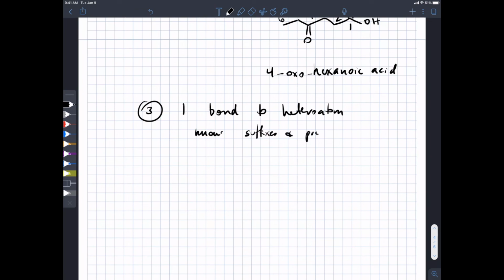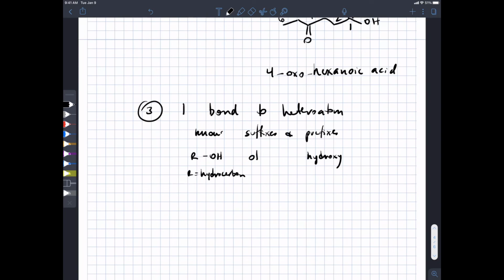An example, if you've got an OH group attached to a hydrocarbon, the suffix is "-ol," and the prefix is hydroxy, and so on.